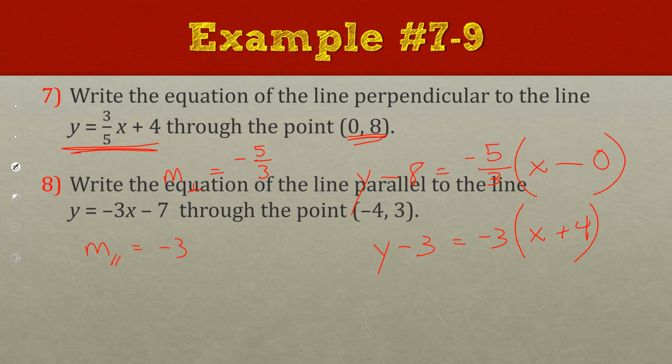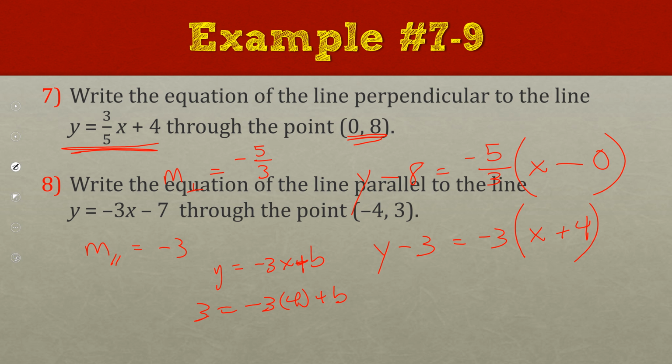Now, some of you are not going to like that. Some of you just love slope-intercept form so much that you're going to do it something like this. You're going to say y equals negative 3x plus b. Does this look familiar to some of you? Then you plug in the point: 3 equals negative 3 times 4 plus b, and solve for b.